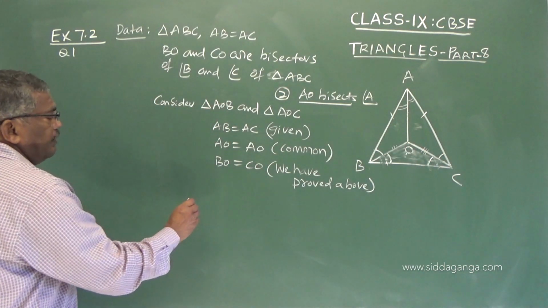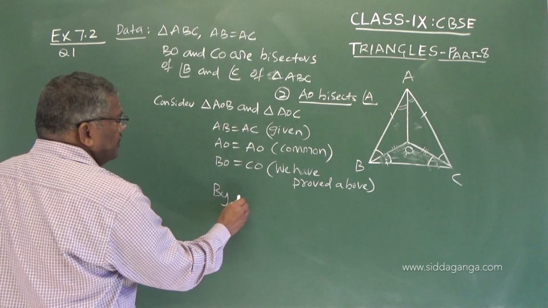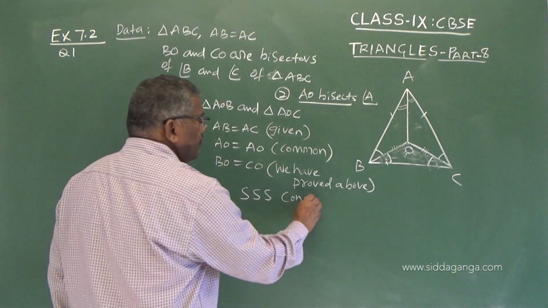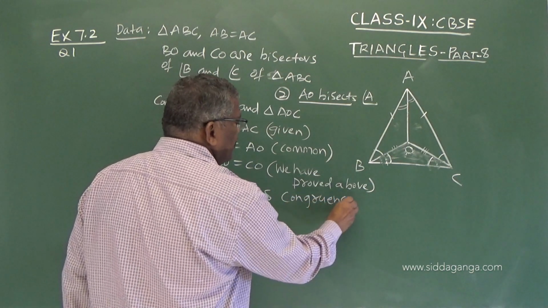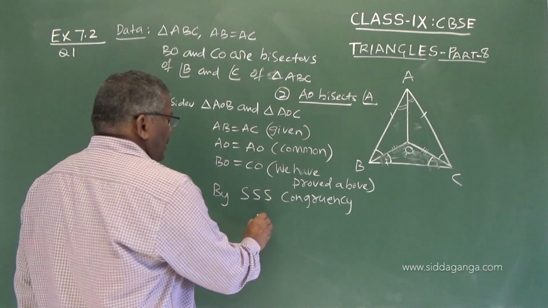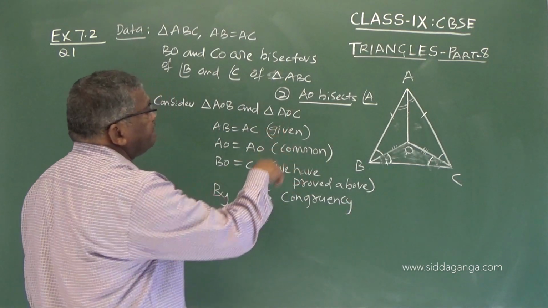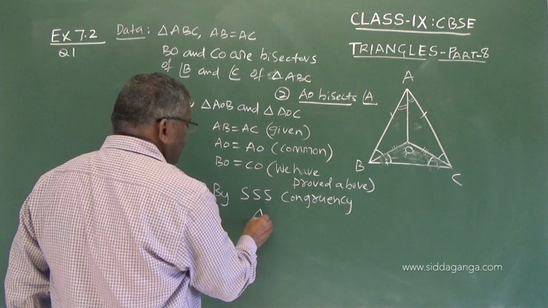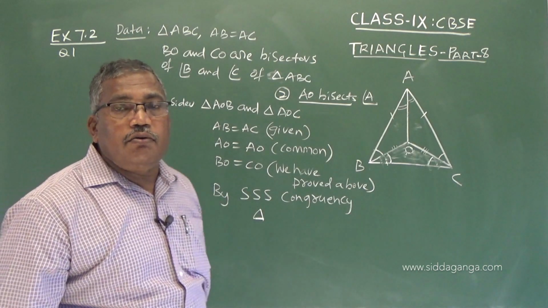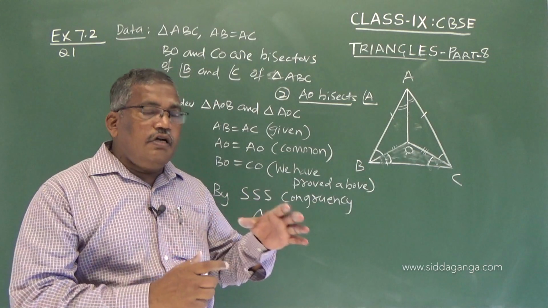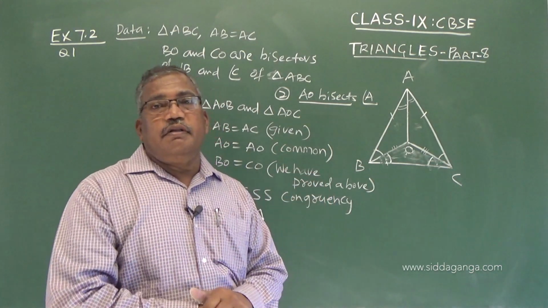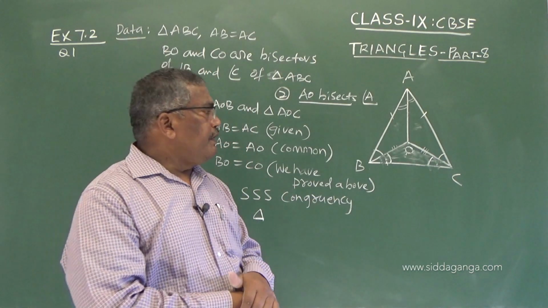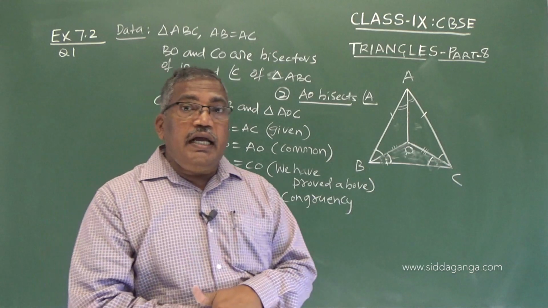So therefore, we say by congruency, triangle AOB. So this is another congruency we have to have in mind. When three sides of one triangle are exactly equal to three sides of the other triangle, then the triangles are congruent. But it is not the case with AAA.